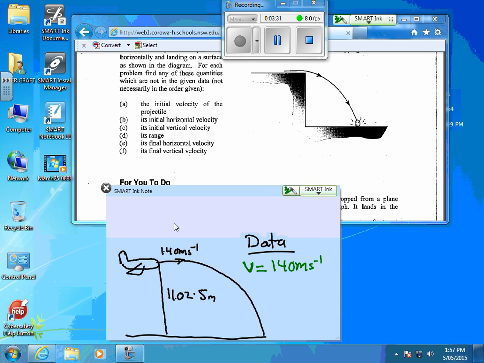Okay. And then what I'm going to do is I have an acceleration. What is accelerating it? Due to gravity. So that's g, and I can nominate that as either the positive direction or the negative direction. It's up to me. In this case, because it's only falling downwards, I'm just going to call it 9.8 metres per second squared.